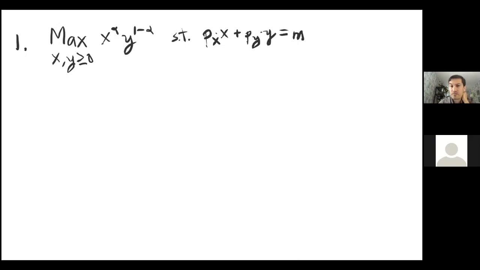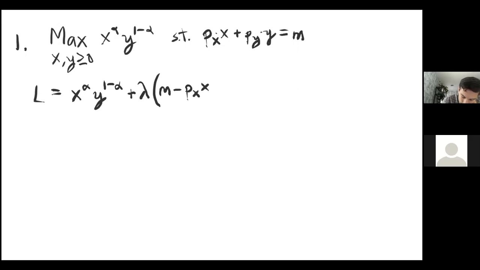First thing you do is write the Lagrangian, right? Probably could have started with that. It is X to the alpha, Y to the 1 minus alpha, plus lambda times M minus P of X, X minus P of Y, Y. Is that right?